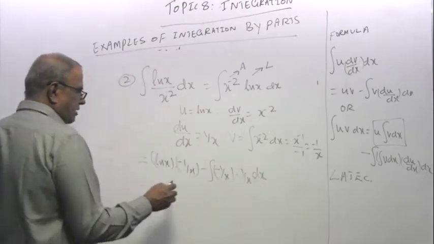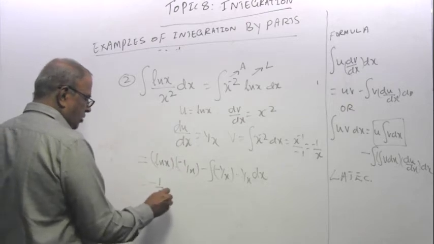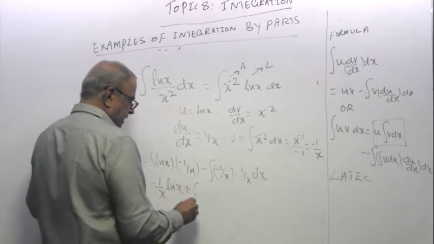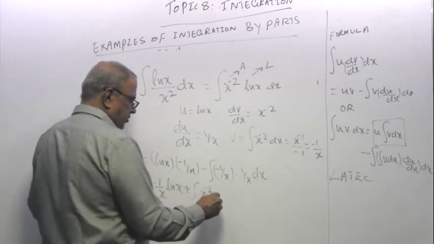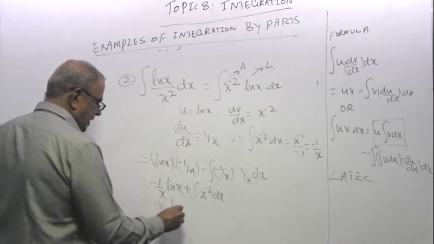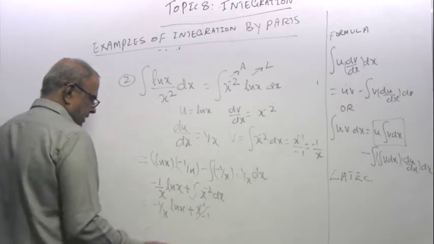Remember you can't cancel this x with that x, because one is a log, one is an independent function. Plus integral x power minus 2 dx, which gives you minus 1 over x ln x plus x power minus 1 over minus 1.